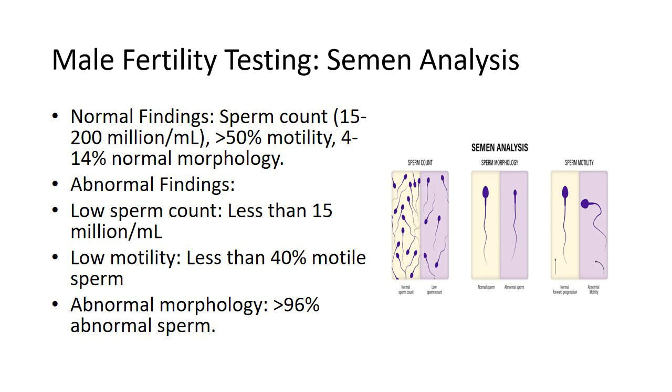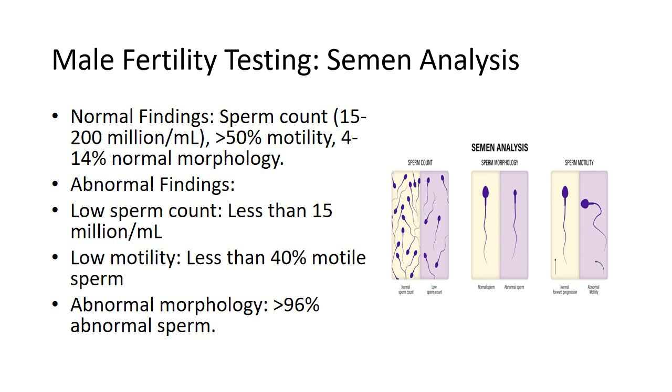Abnormal findings. Low sperm count, oligospermia: less than 15 million sperm per milliliter is considered low. It can significantly reduce the chances of conception. Low sperm motility, asthenospermia: less than 40% motile sperm can affect the sperm's ability to reach and fertilize an egg.